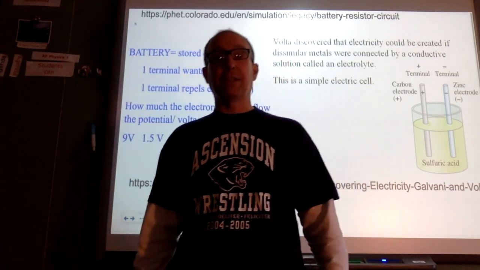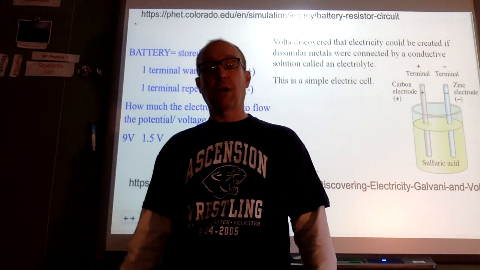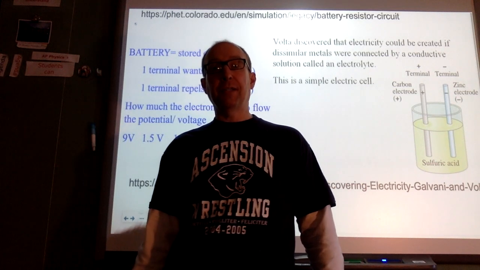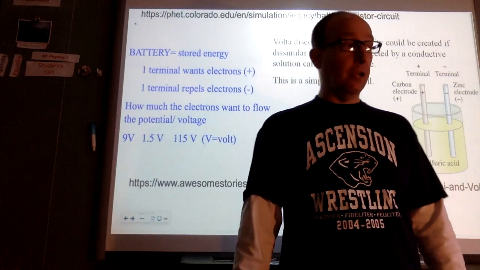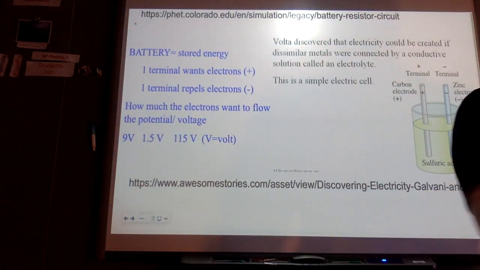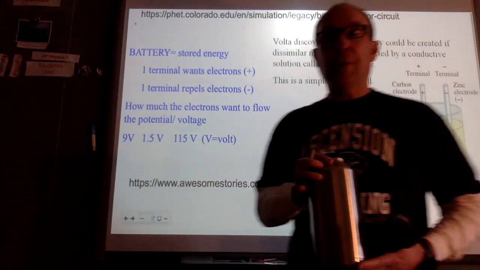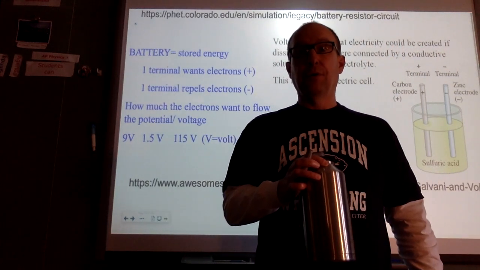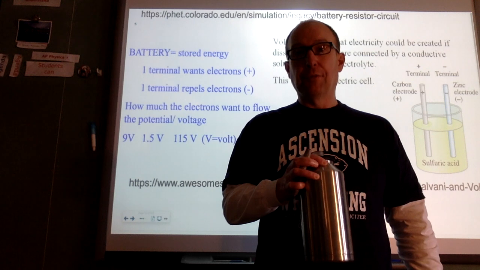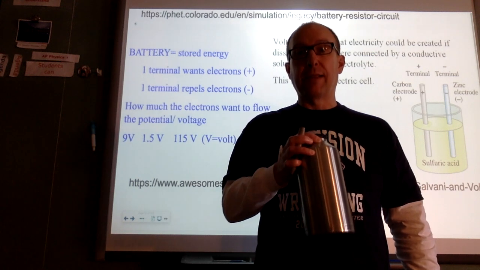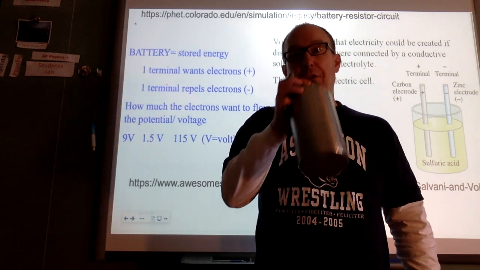So we think about this in terms of a water analogy when we talk about electricity. And in the water analogy, the battery is the pump. So if you've ever seen a pump in a pool, a pump doesn't fill up a pool. It doesn't add water to the pool. It moves the water that's already there in one direction.